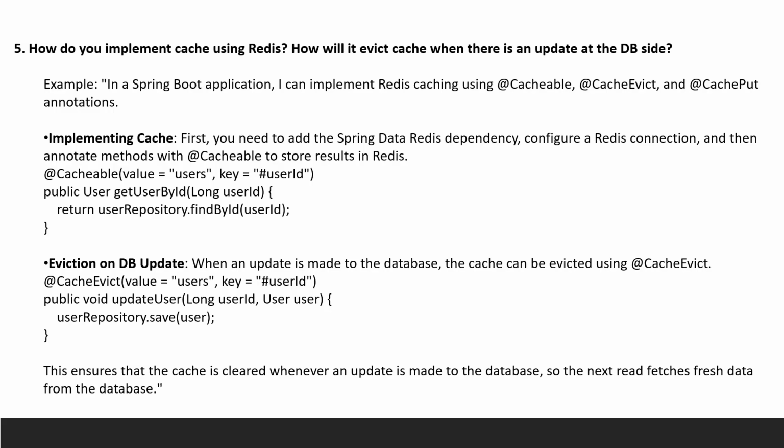Here we need to give the value and key, the same value, like whatever users we used, and the key, so that whenever any update or modification happens at the backend database, it will automatically clear that cache. Then whenever a request comes, it will check the cache. The cache will be empty, so it will go to the database, fetch the latest data from the database, and it will be cached. Like that, we can implement the cache by using Redis.